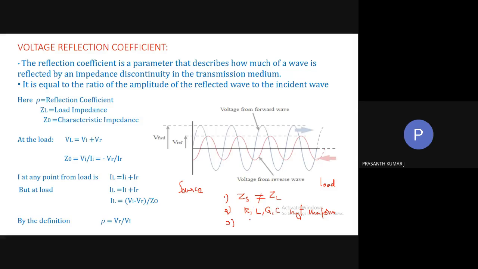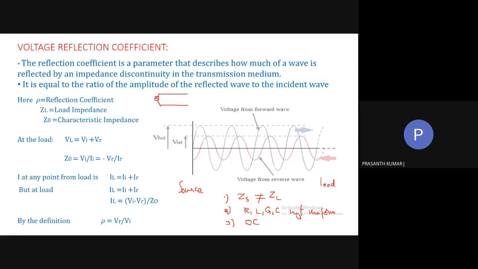One more, third condition is when the transmission line is open circuited. For example, take a parallel wire. It is open circuited, and on one side I am connecting the source, the other side it is not closed.